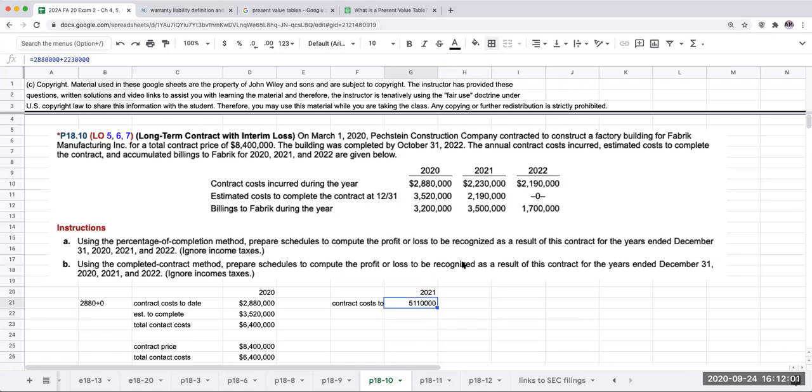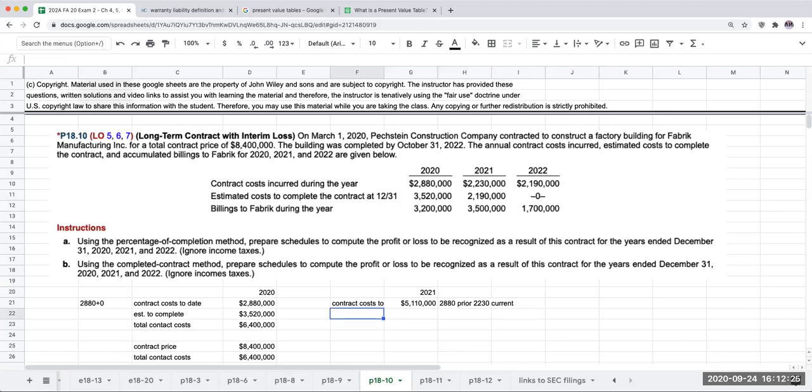Or basically it's 5,110,000. So this is going to be 2,880 prior plus 2,230 current. Okay. So that's what I have spent so far. And let's make sure that's right.